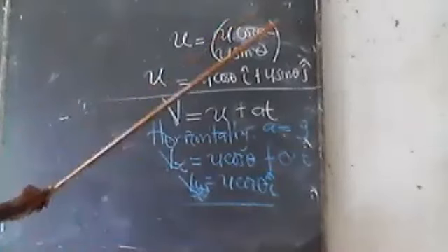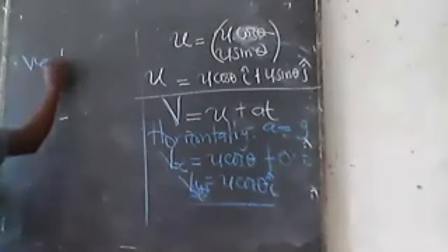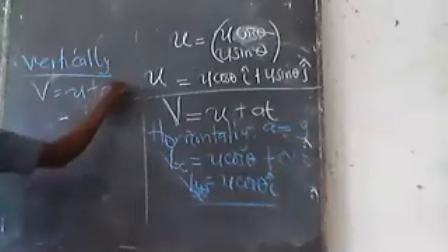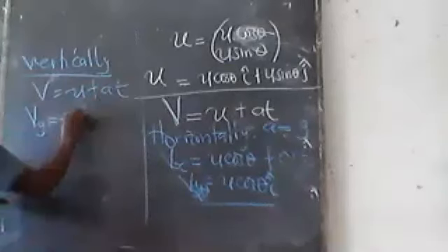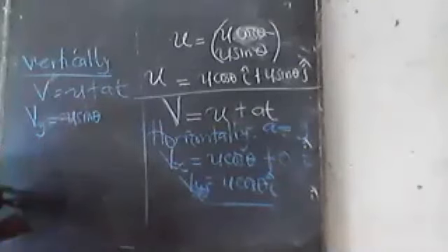Vertically, still using v equals u. Yes, teacher. U, the initial velocity, was u sine theta.